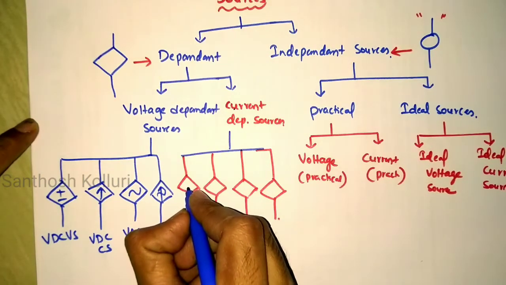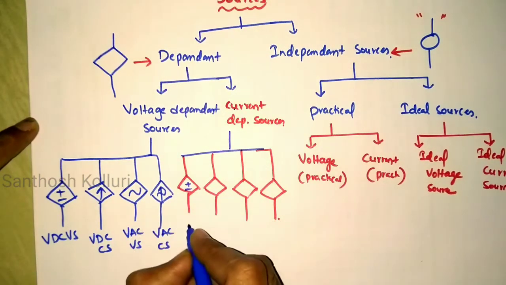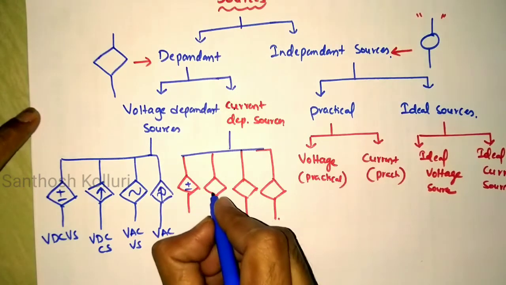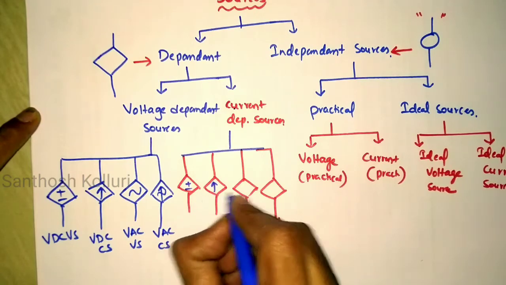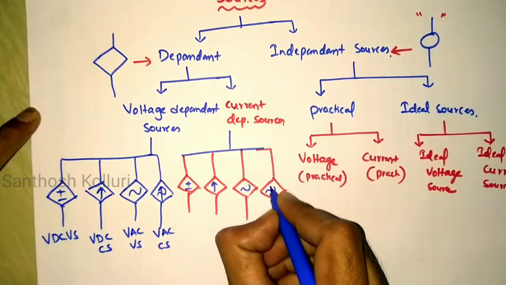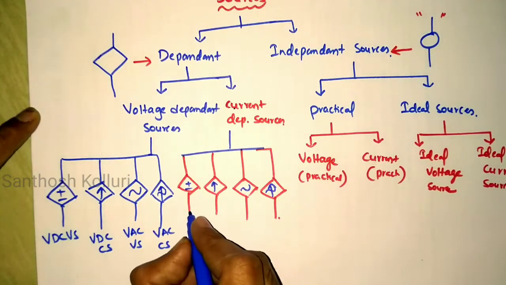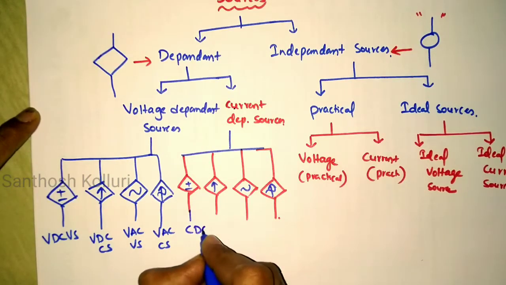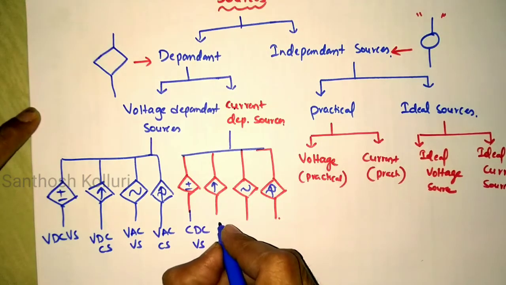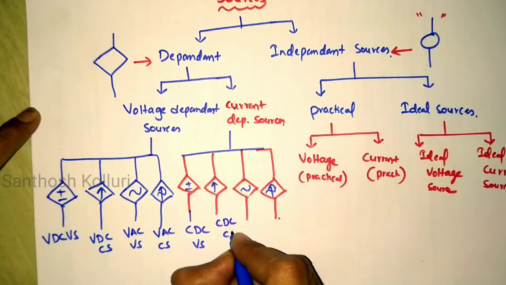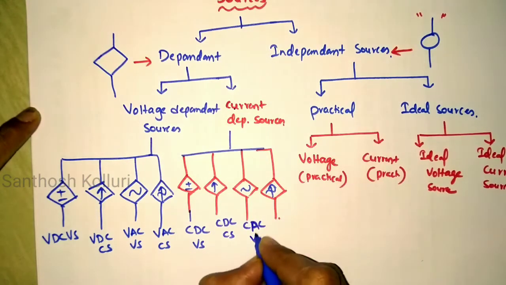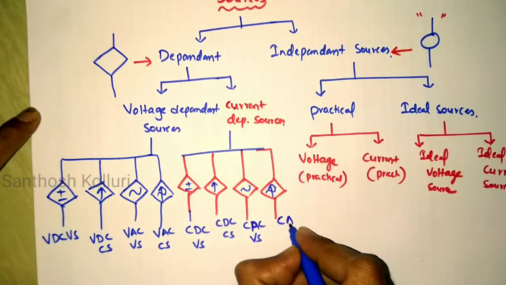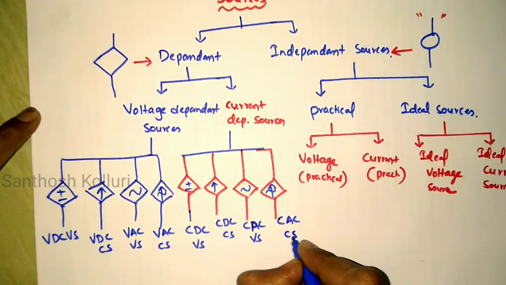Similarly here, plus minus is a voltage source and the arrow mark is a current source. These are DC sources and this is an AC source. Similarly, here also current dependent DC voltage source, current dependent DC current source, current dependent AC voltage source, current dependent AC current source.